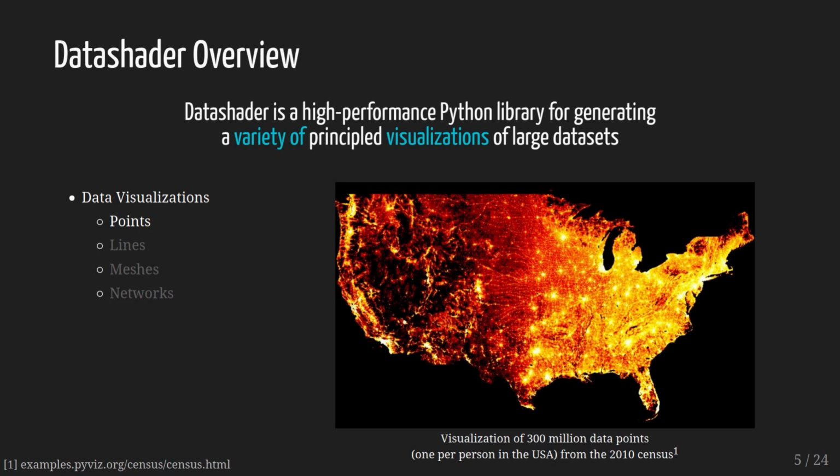In this case, color encodes the number of people living in each location. Dark red represents regions of the country with the lowest population density, and bright yellow represents regions that have the highest population density. By default, Datashader uses a technique from image processing called histogram equalization to generate a nonlinear color scale that automatically prevents oversaturation.